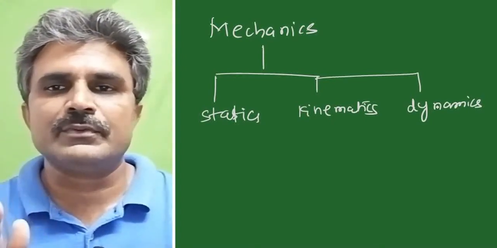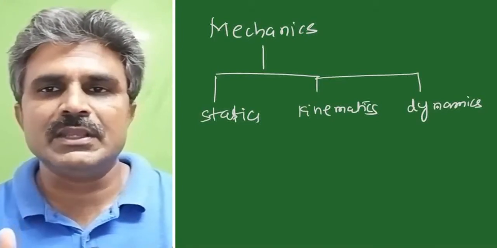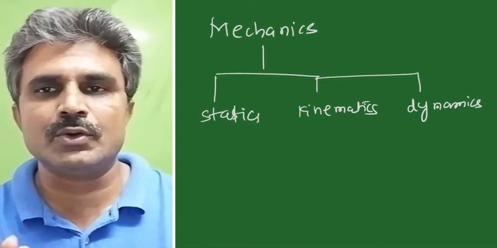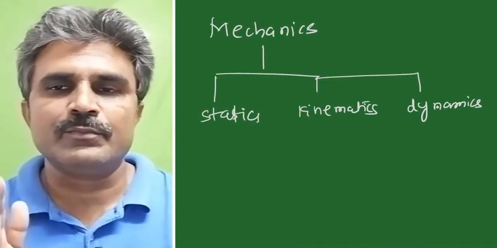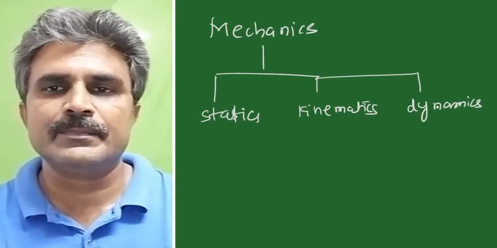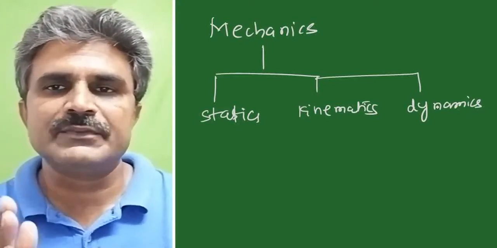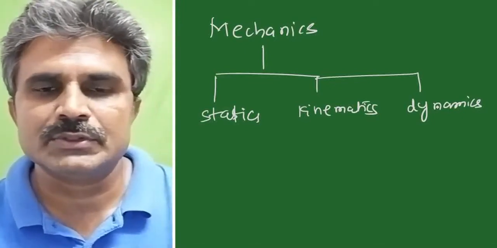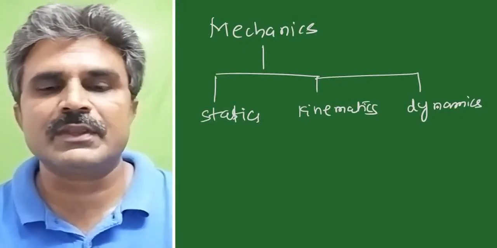Such studying of motion of the object is called dynamics. So on the whole, it is the study of motion of objects where we consider the cause of the motion. So that's all for this classification.